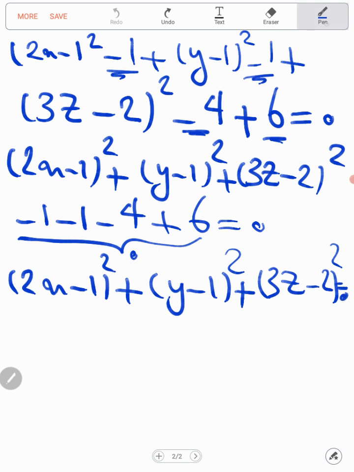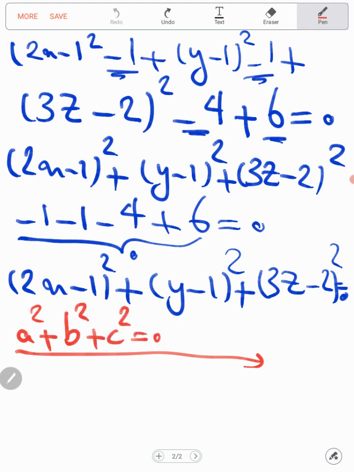Okay, for finding an answer for the variables, I think it's better to use this formula. If we have a squared plus b squared plus c squared equal to 0, then for this equation to be correct, a is equal to 0, b is equal to 0, and c is equal to 0.